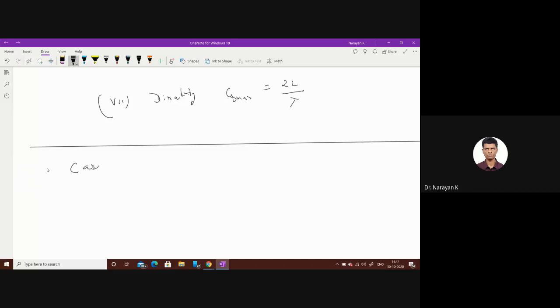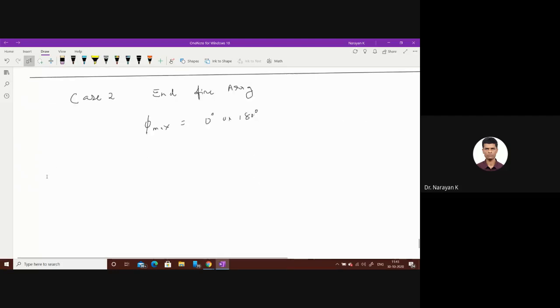Write down this as case 2, end fire array. Your phi max is equal to 0 degree or 180 degree. That is your maximum direction. Phi minimum is equal to plus minus cos inverse of, straight away write down the equations.